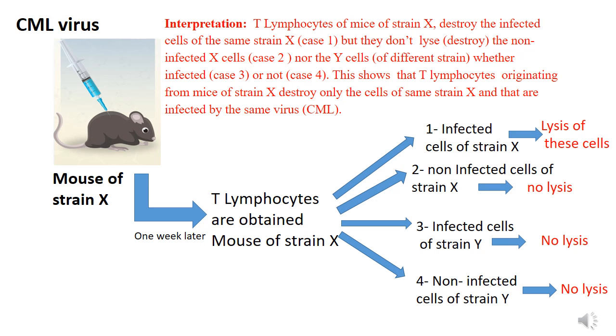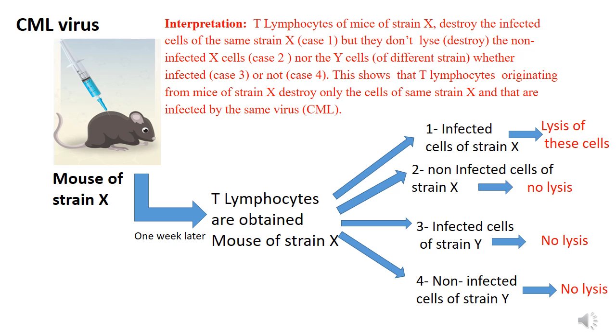To facilitate the understanding of the experiment, I schematized it as you can see. So the mouse of strain X was previously infected with LCM, then 1 week later T lymphocytes are taken and added to the 4 different cultures you see in front of you. Okay, how are you going to interpret these experiments? Let's look for the variable factors.